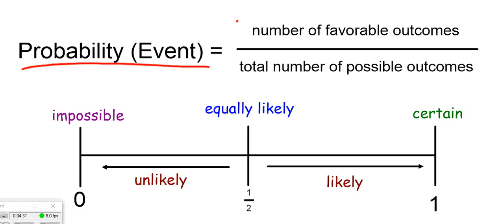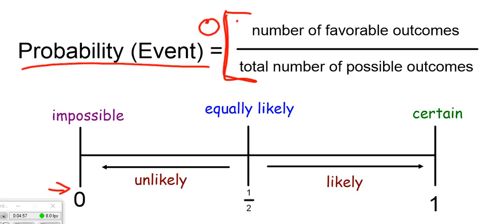Another thing that often comes along with probability is determining that likelihood. And so we create a very, very simple chart that we can use to help us understand the likelihood of an event, right? If I use this pattern and I get a fraction that is equal to 0, which means the 0 is on top, that's the only way you're going to get to 0, that means the probability is impossible.